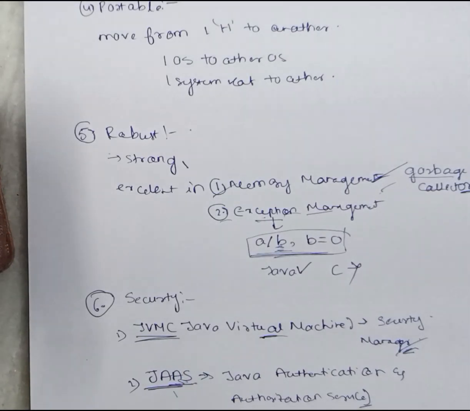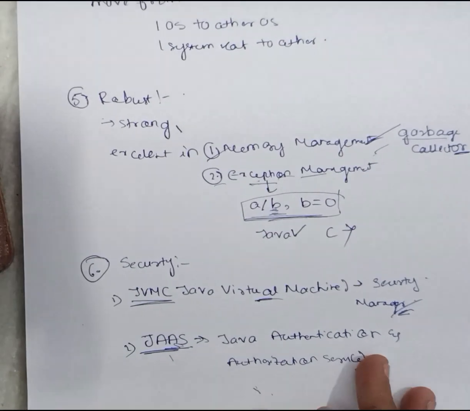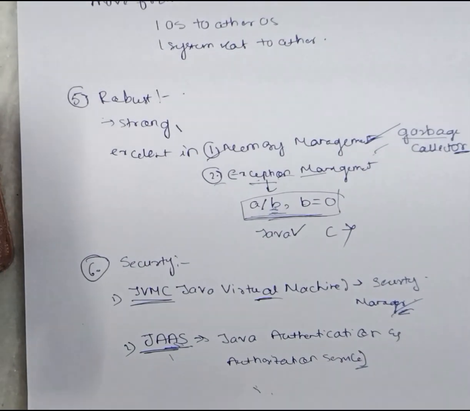And because of security reasons, pointers are eliminated from Java, because pointers violate security. A pointer stores an address, so it's not safe, right? Suppose we know the address of a person, then we can also know information about them, right?